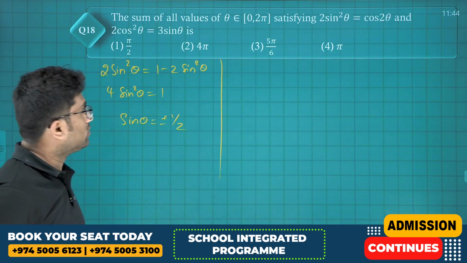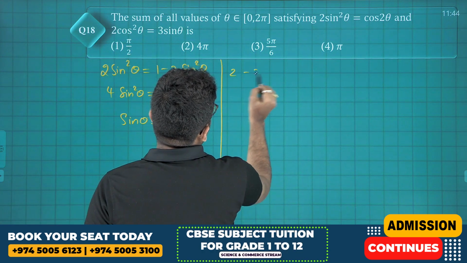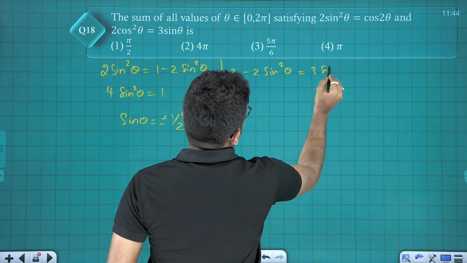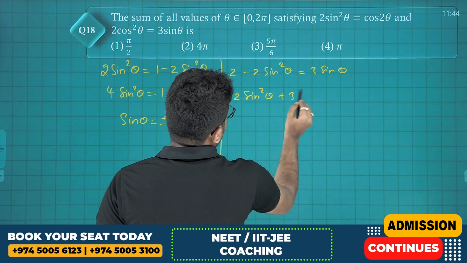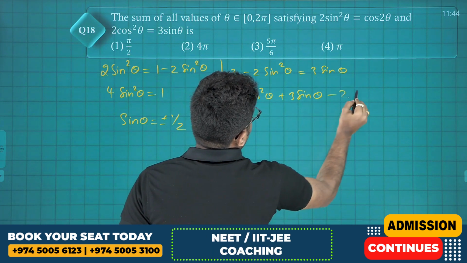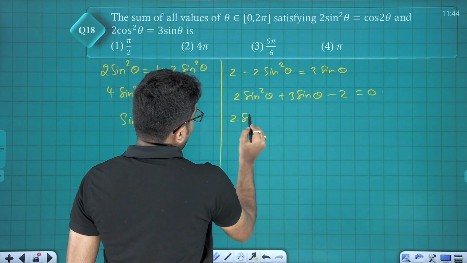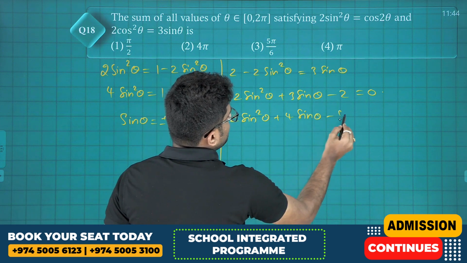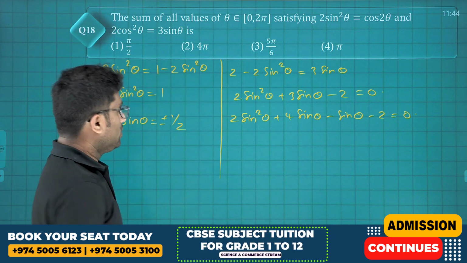This is the first equation. Second equation, 2 cos square theta, 2 minus 2 sine square theta equals 3 sin theta. So 2 sin square theta plus 3 sin theta minus 2 equals 0.